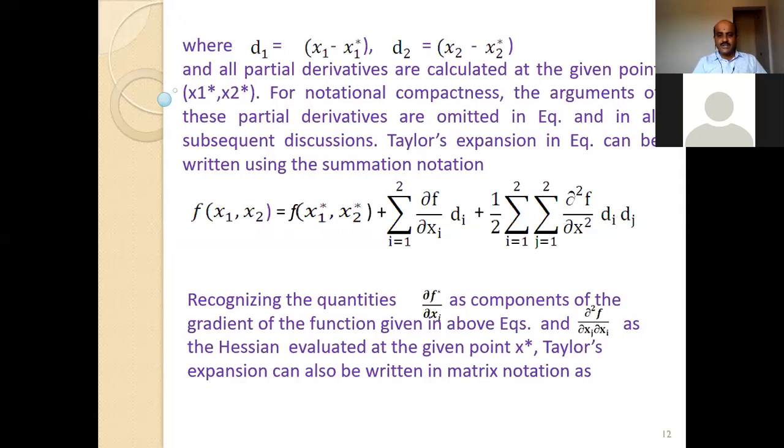Hope you have noted this down. So this is the Taylor's expansion series for two variables in the summation notation.